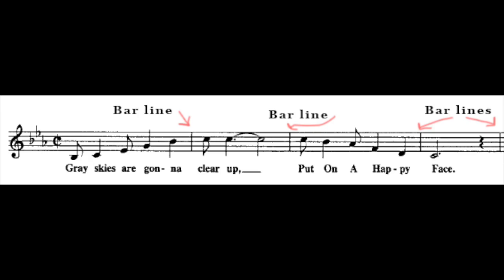Now we use a sign called the bar line. And the bar line on that staff has 2 functions. It begins and ends what we call a measure. And inside the bar lines, you will put a collection of things: notes, rests, which are really important. Underneath it, you put the lyric.